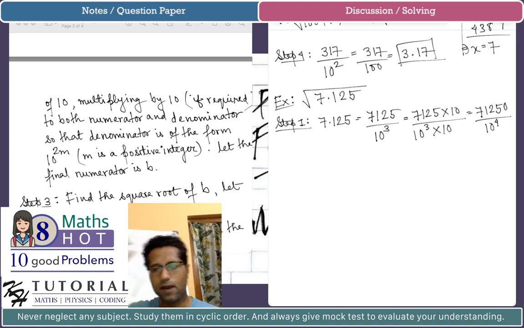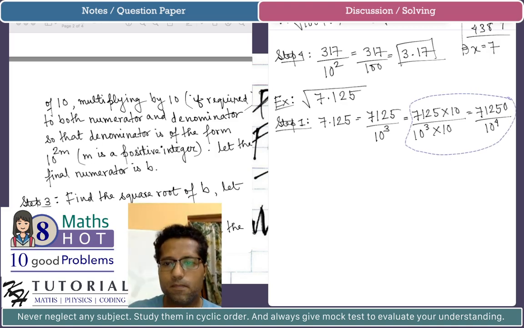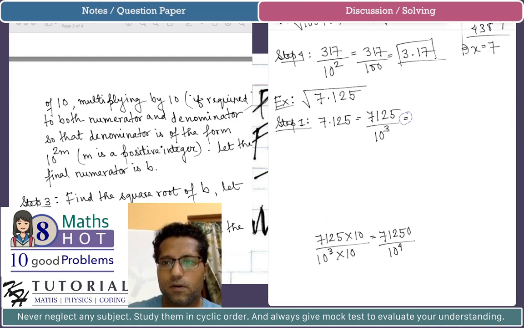So now we have the denominator as an even power of 10, that is 10 to the power 4. Sorry, this should be part of step 2.